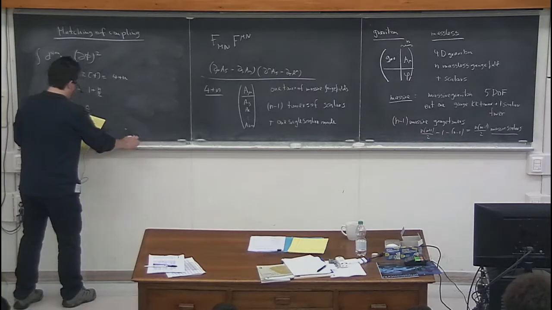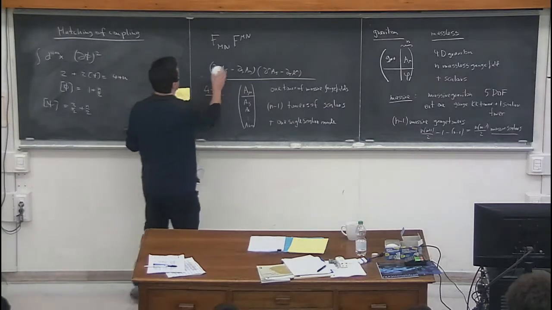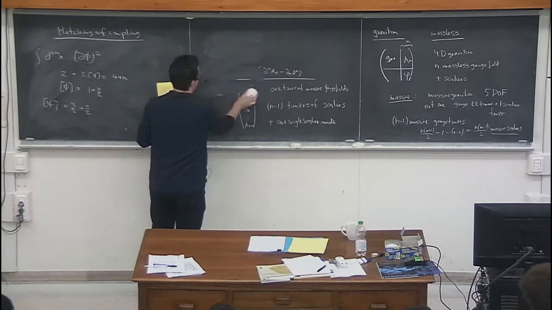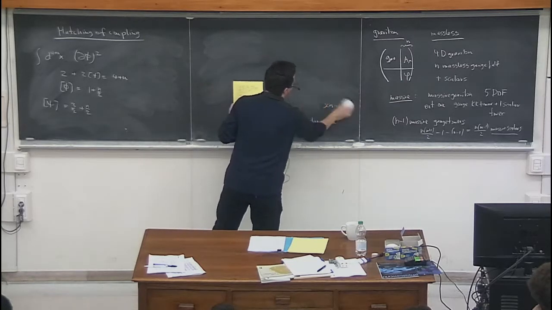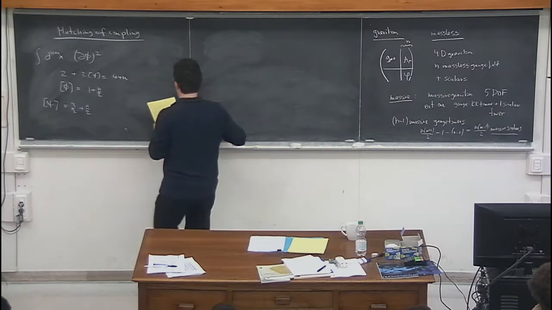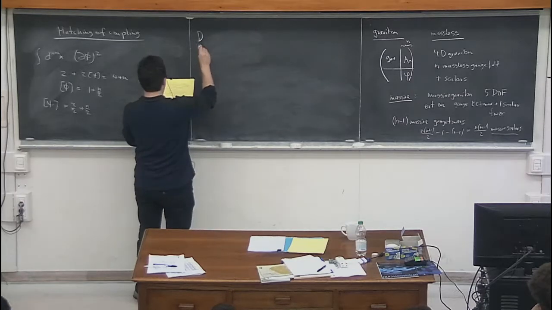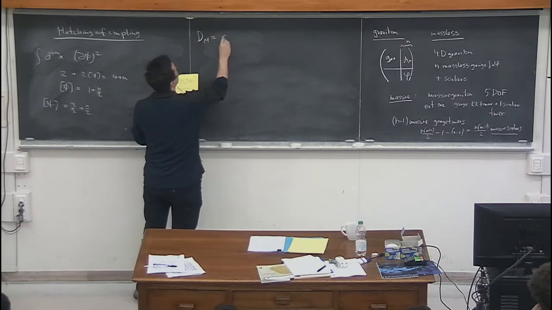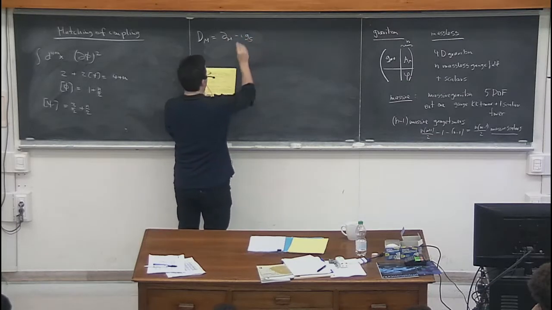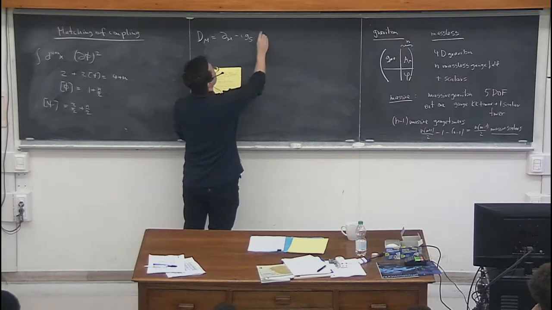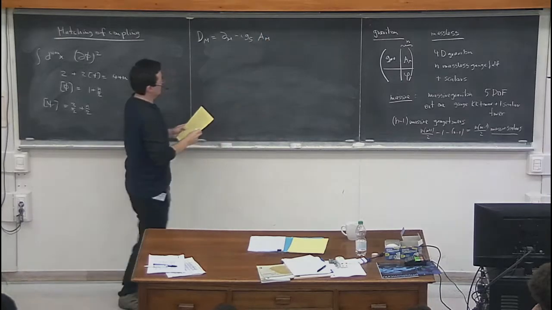Now, how will the couplings look like? For example, how will a gauge coupling look like? You will have a covariant derivative D_M equals partial_M minus i g5, let's say in 5 dimensions, times A_M.